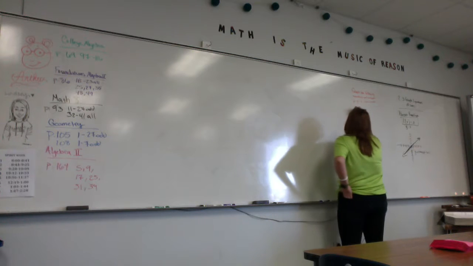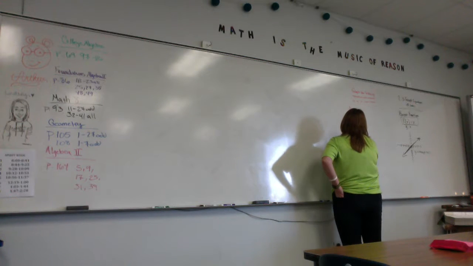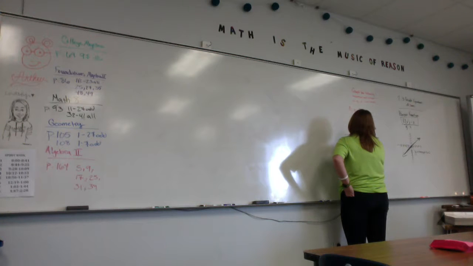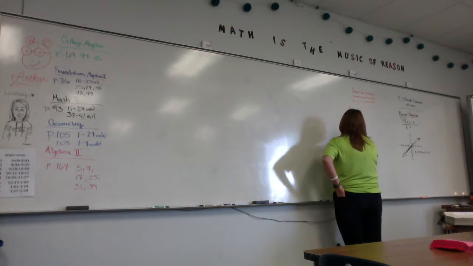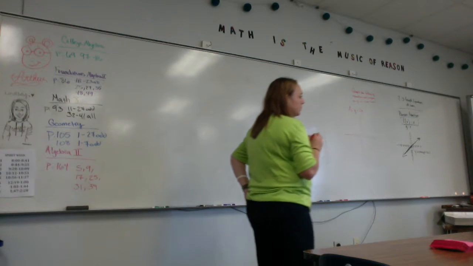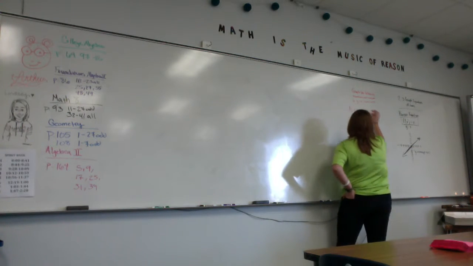So if you have y equals 2x, how would I set up that graph? Where would I start? You start where your y-intercept is. What's my y-intercept? It's 0 because there's nothing being added to this graph.